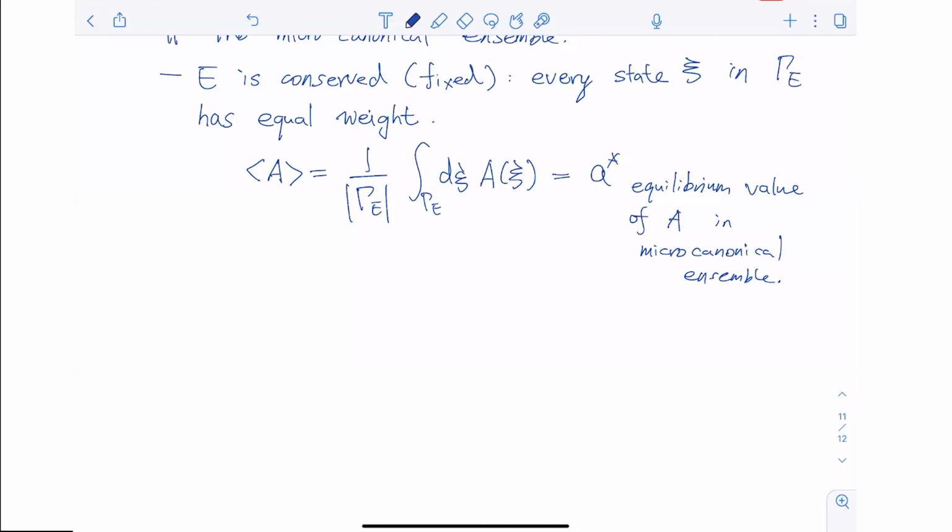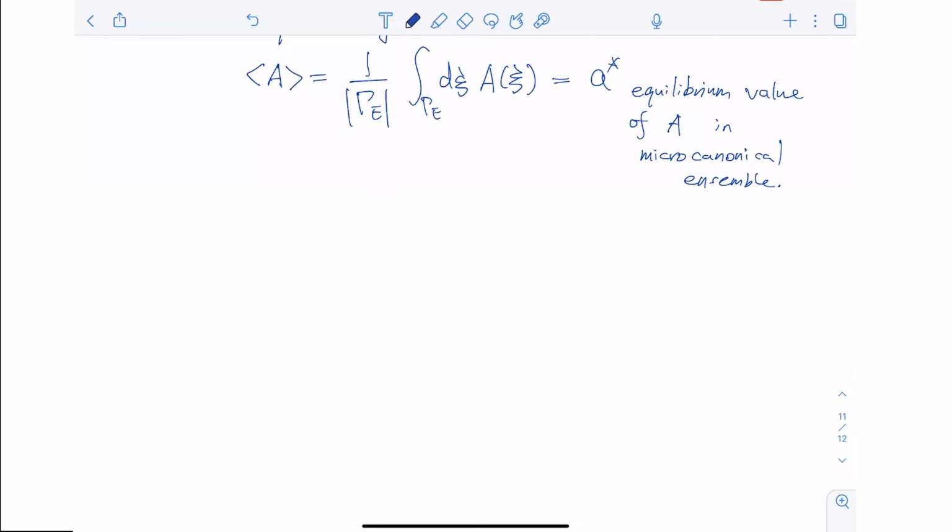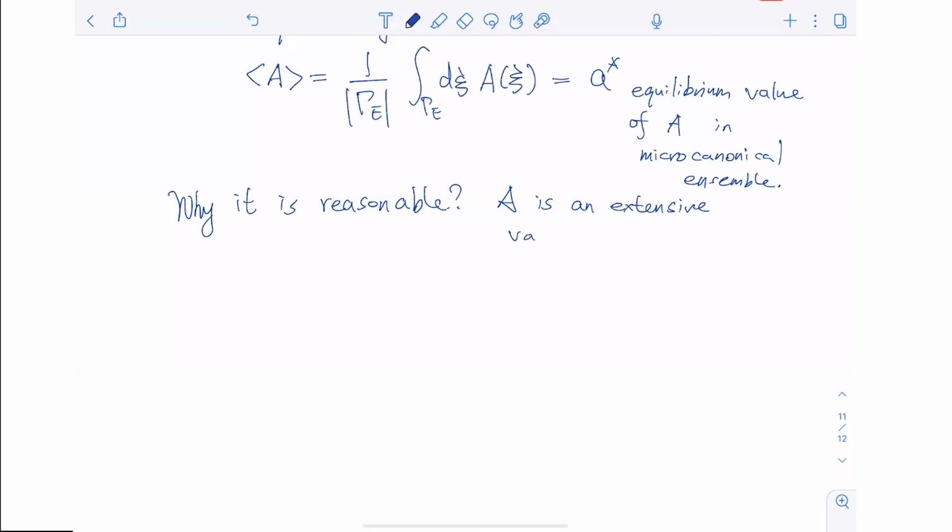So we'll try to ask another question: even though it is usually accepted like that, why is it reasonable to make this assumption? Okay. By the way, here A is an extensive variable.